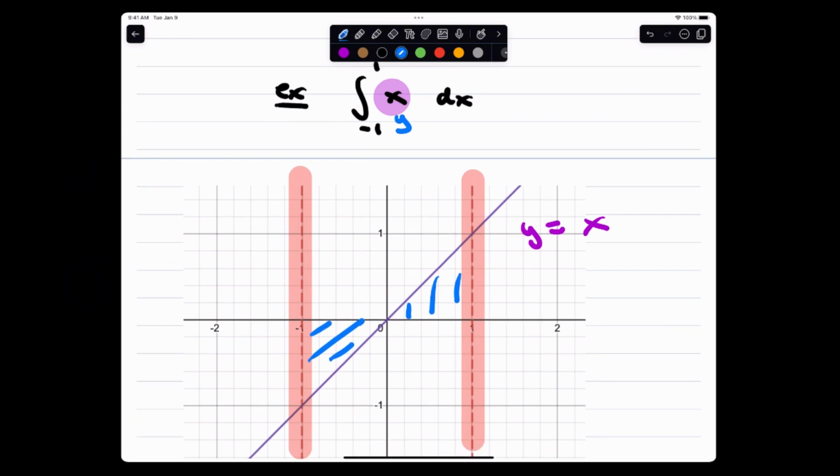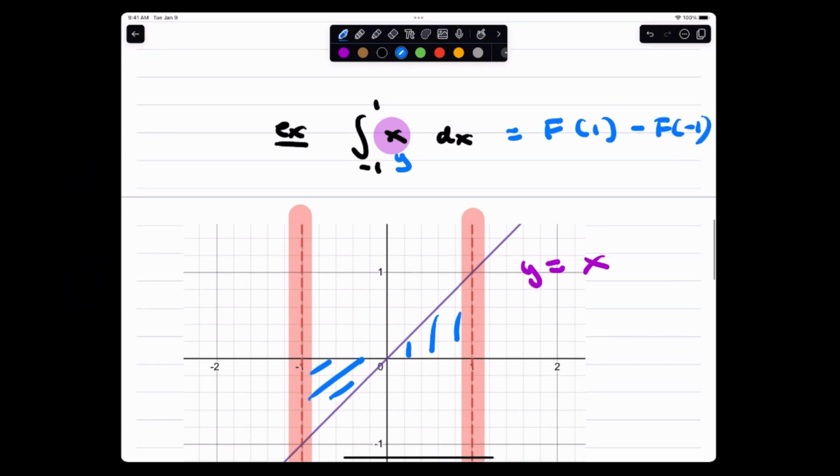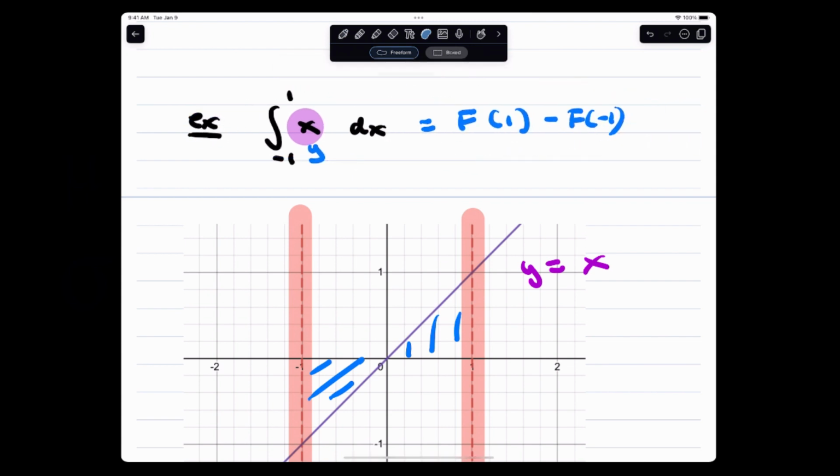So, by the fundamental theorem of calculus, this is the antiderivative evaluated at 1 minus the antiderivative evaluated at -1, okay? You guys with me on this one? Easy peasy lemon squeezy?